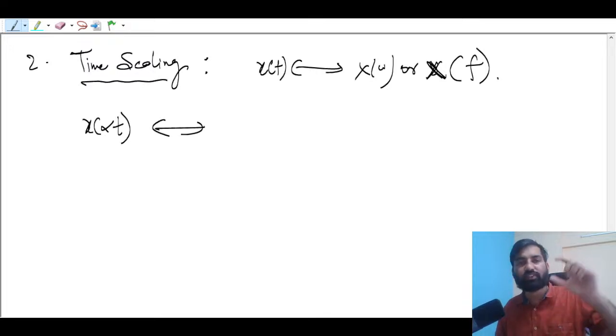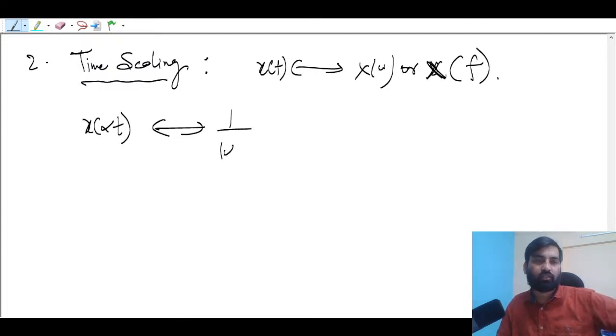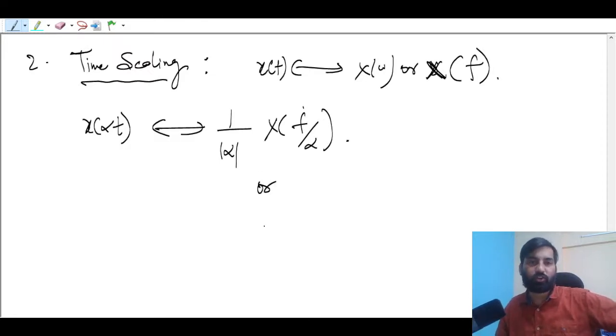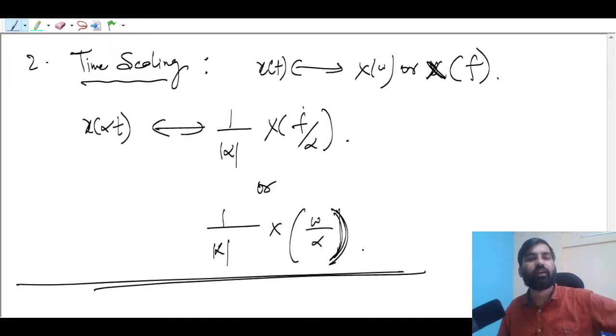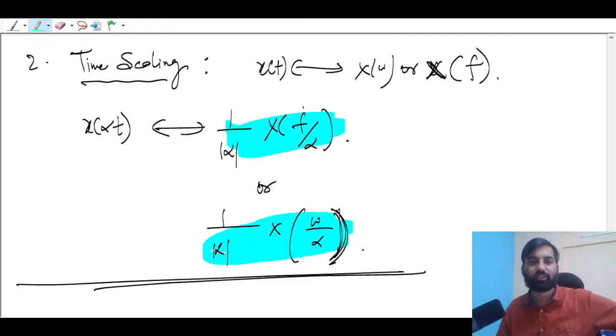This alpha has to be divided, and it will be f by alpha. ठीक है। और इन फ्रीक्वेंसी डोमेन क्या हो जाएगा, so it is nothing but 1 by alpha x of omega by alpha. It's a very simple procedure. So please do remember that this is the f domain one and this is the omega domain one.